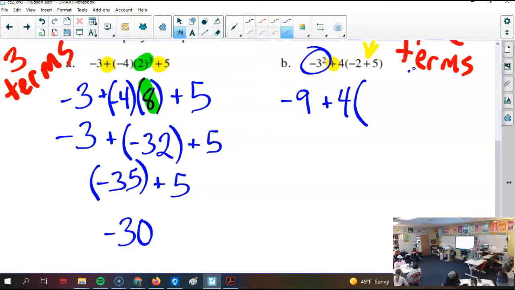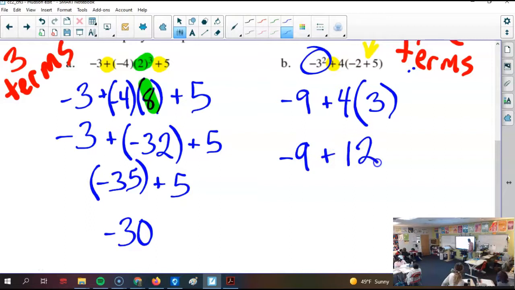And you're like, what? Oh, I forgot. And they demand that you take care of them first. They're demanding your attention. So we got to do this first. What's negative 2 plus 5? 3. It's the first thing we take care of. It's annoying. Once we take care of it, we can move on. Then we get negative 9 plus 12, and that gives us a positive 3.